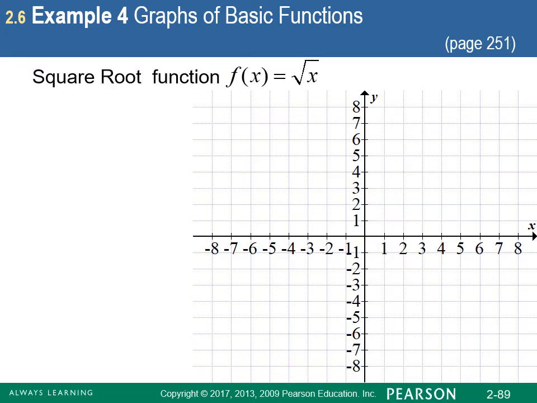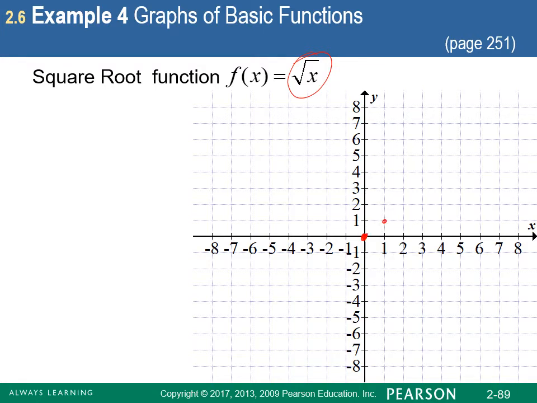So let me point out that the graph of square root of x, there's a reason why it's called square root of x, is very much like the graph of x squared, only instead of going vertically, it's going sideways. As with all the previous graphs, there is a dot at the origin.